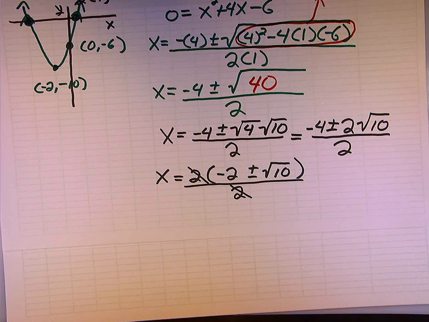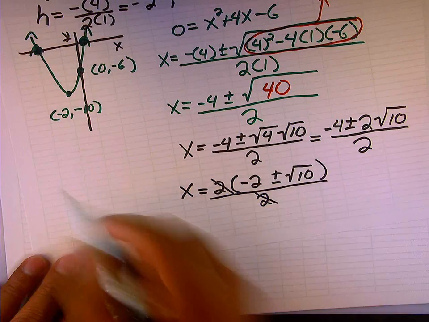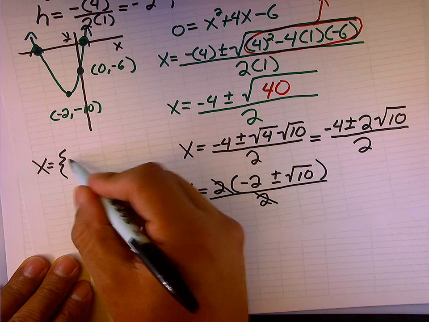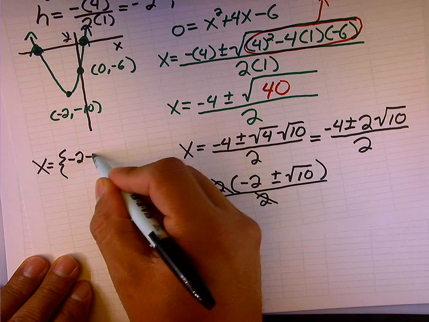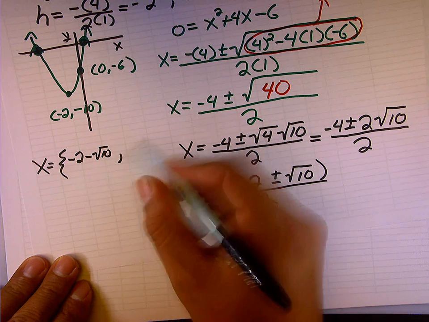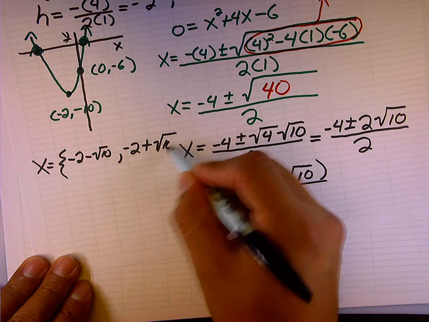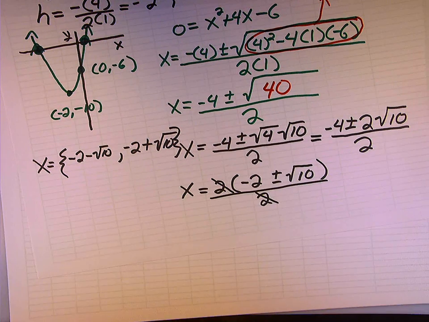So, just so I know where those two numbers are, let's talk about those two numbers. The first one is -2 minus the square root of 10. The other one is -2 plus the square root of 10.